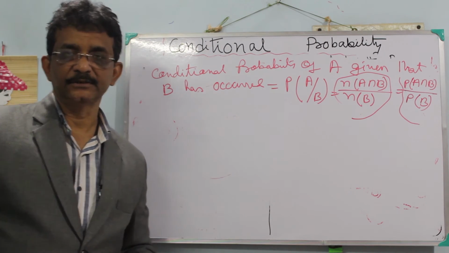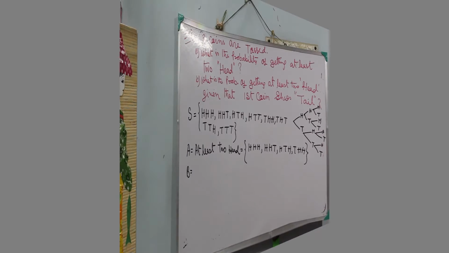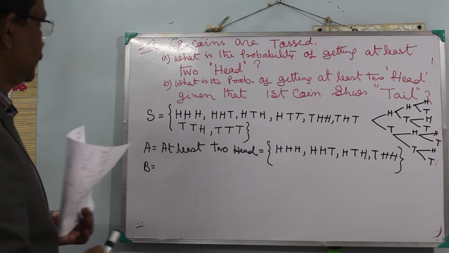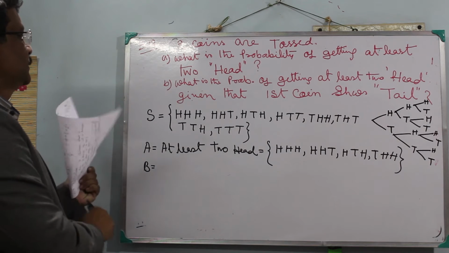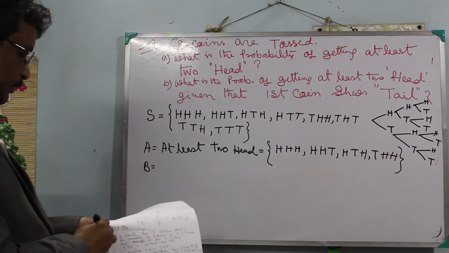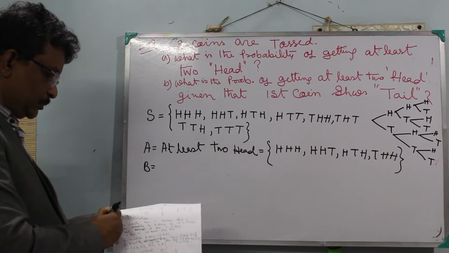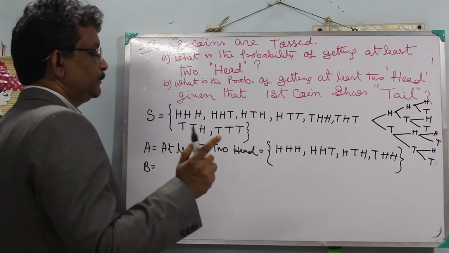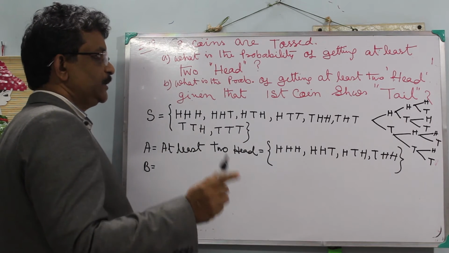Let us take another example. This is a very good problem. This is mainly an NCERT problem, and it was slightly modified. Example 2: 3 coins are tossed. If 3 coins are tossed, the total number of outcomes would be 2 into 2 into 2, that means 8.